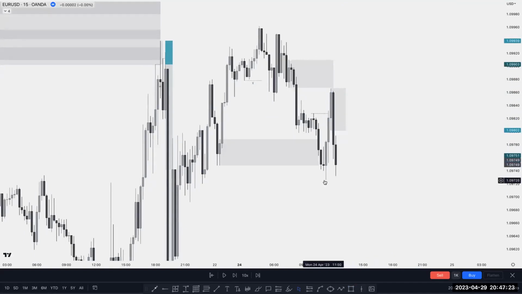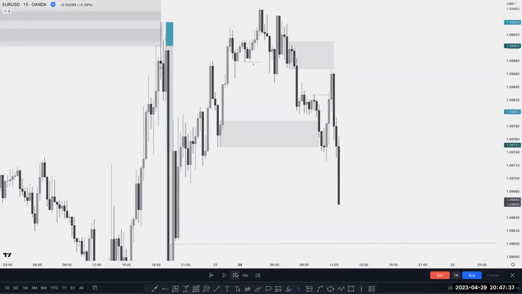But if market broken the low, then this single candle order block does not work. As you know, price must still be above it to confirm this is a single candle order block, right? So let's see. Oh, this low is broken, and this one is a sweep.